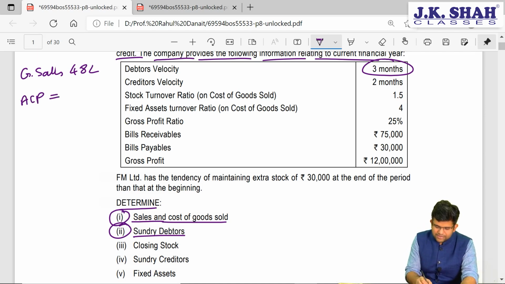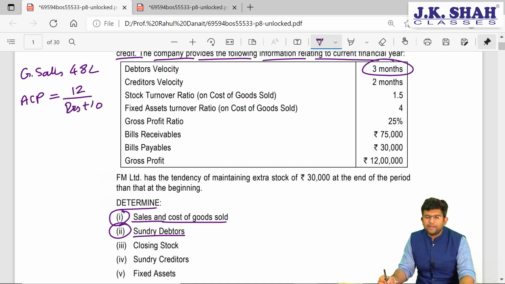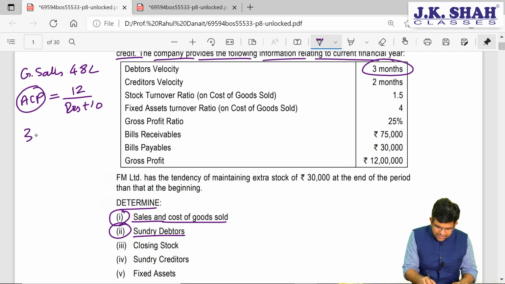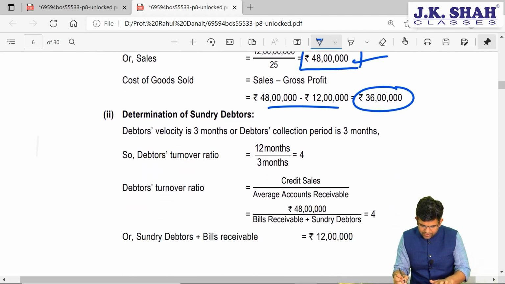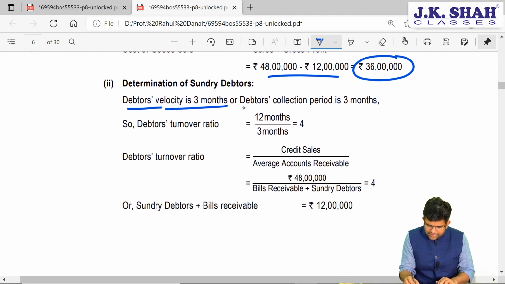Average collection period is nothing but 12 divided by debtors turnover ratio. Everybody clear? 12 divided by debtors turnover ratio. So children, if the debtors velocity is 3, can I say we can easily find out the debtors turnover ratio? That's what the institute has done here. You can see debtors velocity is 3 months, or the average collection period is 3 months.